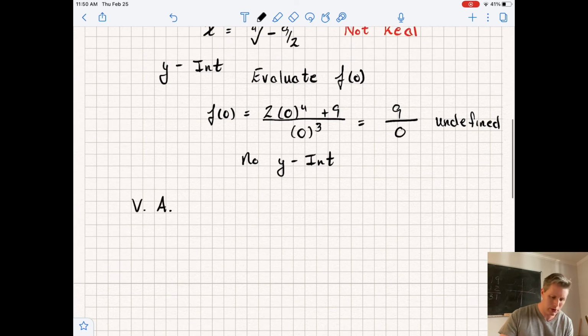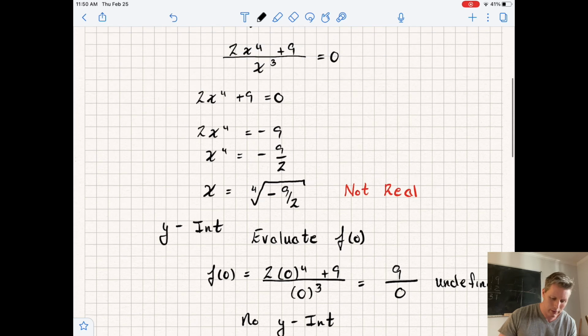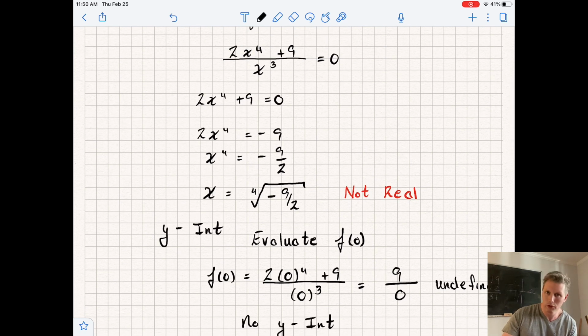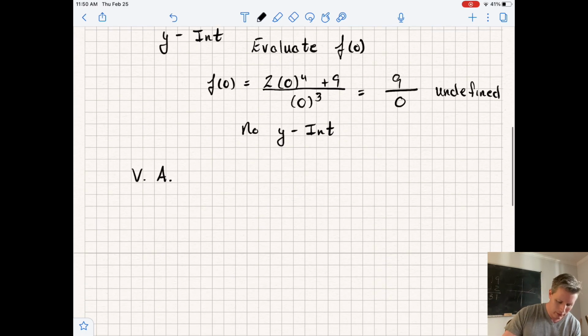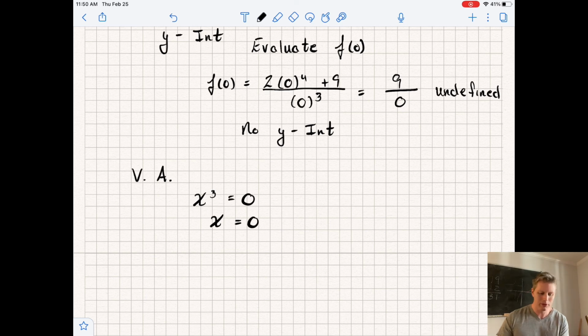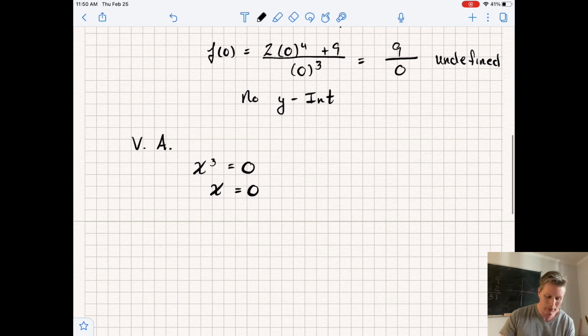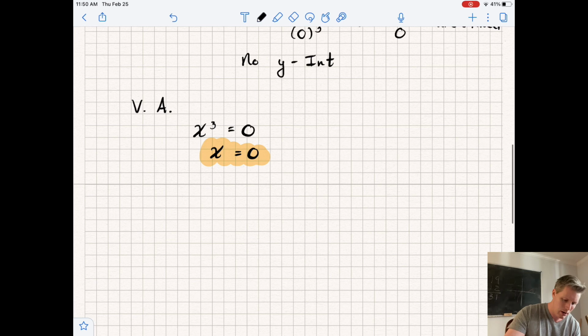I will check to see when my denominator is equal to 0, and any values that would make my denominator 0, I will omit those. So x cubed is 0 when x is equal to 0. For what values of x is x cubed equal to 0? Well, x equal to 0 itself. And so sure enough, my vertical asymptote will be at x equal to 0. That's just the y-axis.